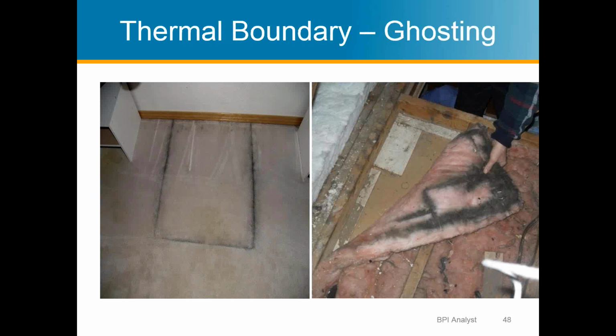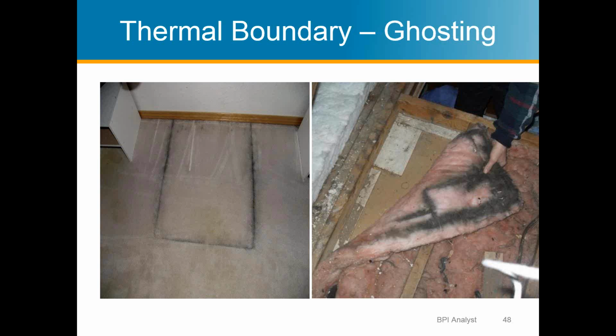So, thermal boundaries, ghosting. What both of these show, what the gray is called ghosting, and what that means is it shows where air is leaking. So let's use the one on the right, that kind of rectangle piece there. It perfectly matches, as you can see, that rectangle piece on the floor of that stud bay.